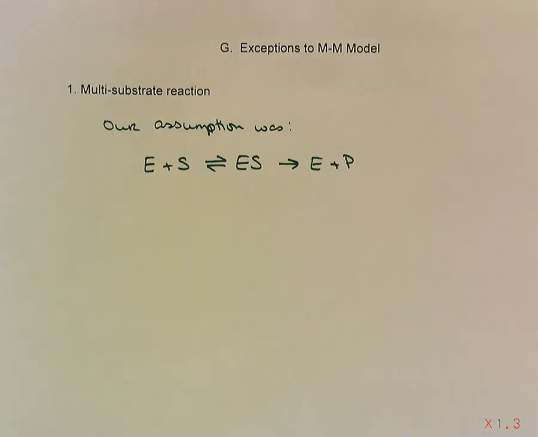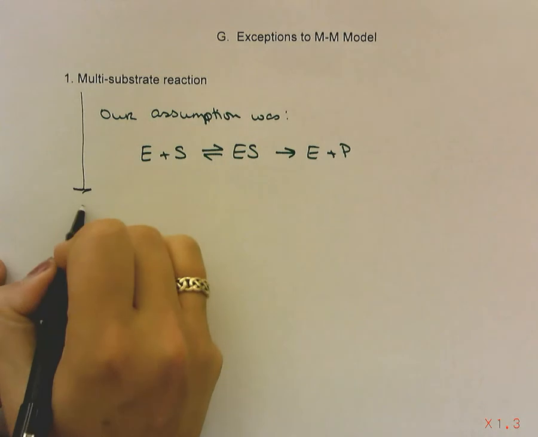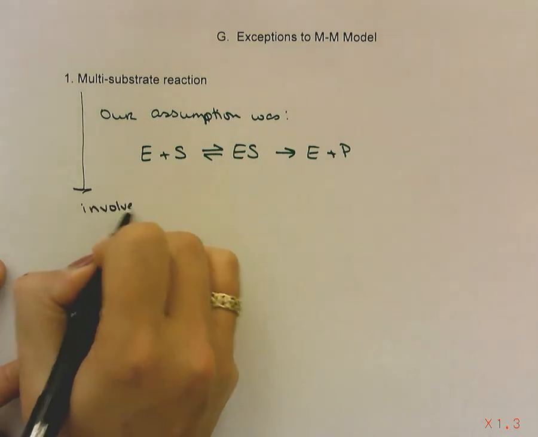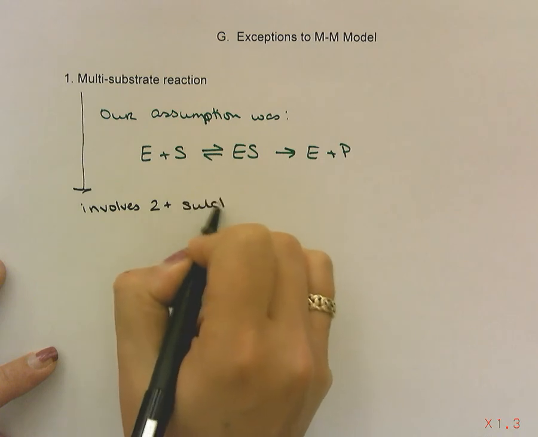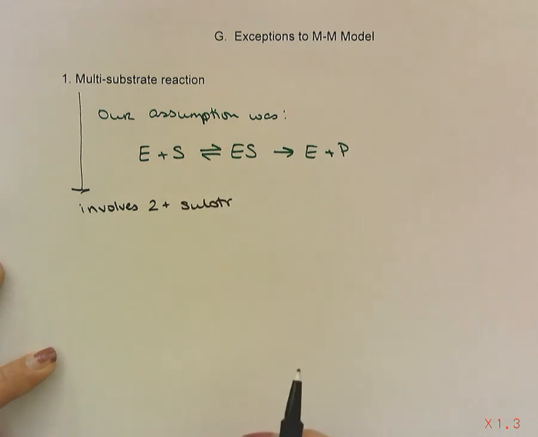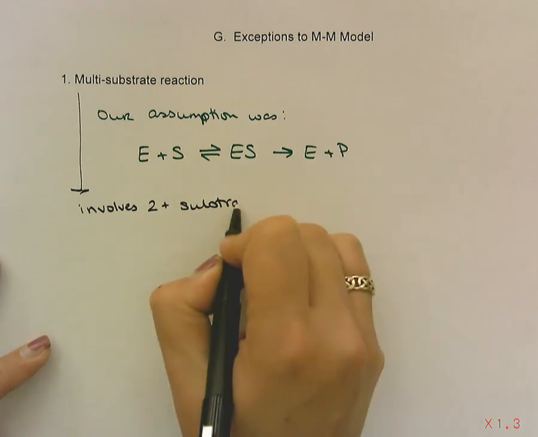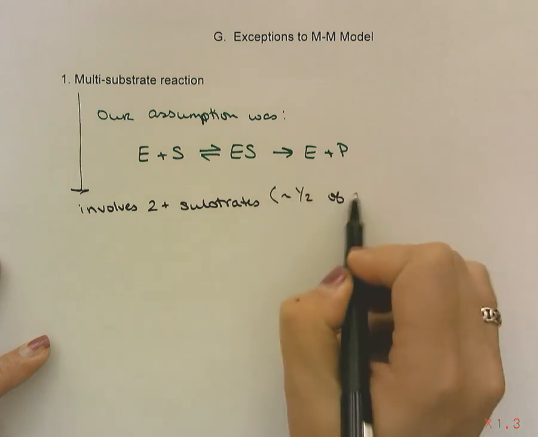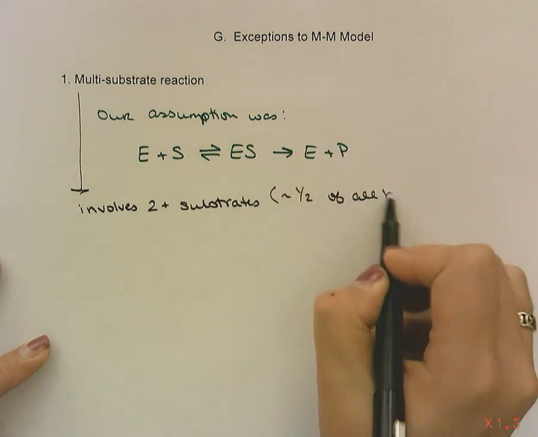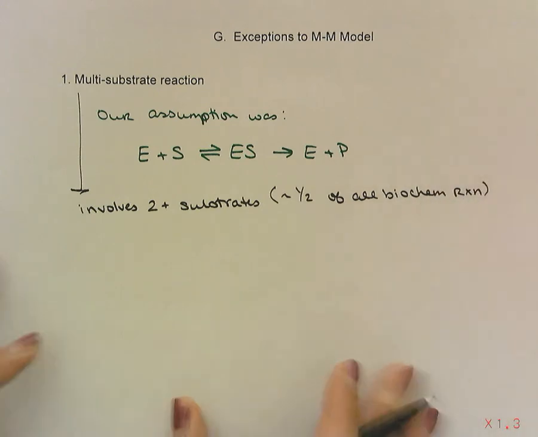That is a fairly good assumption. A multi-substrate reaction, in case the phrase isn't the key, involves more than one substrate, so 2 or more, which turns out to be about half of all biochemical reactions.